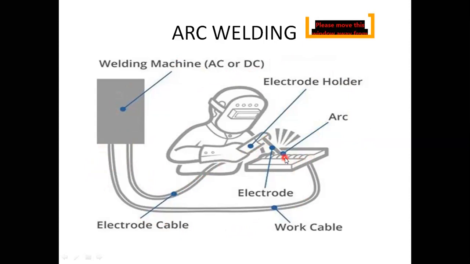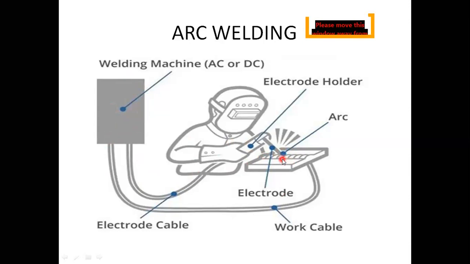Now whenever this arc rod comes near this area, there should be some gap. If you directly touch it, the arc will close because the circuit is completed, and there is some sound. You can't touch it; you have to keep some distance, generally a 5 millimeter distance, and then it will cause an arc.